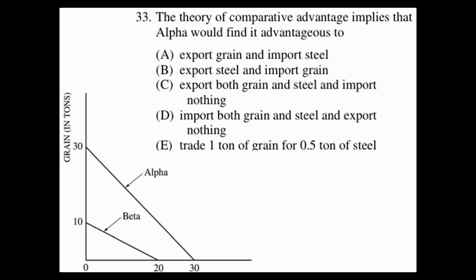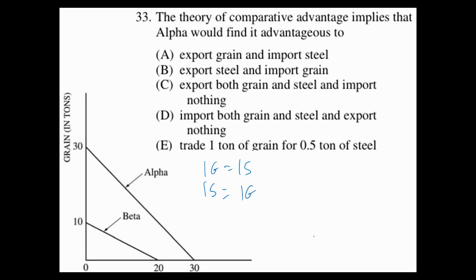Using the same one here, it says the theory of comparative advantage implies that alpha would find it advantageous to. So it's essentially asking you to calculate the comparative advantage to see what alpha should do. We already said for alpha, 1 ton of grain is 1 ton of steel. For one steel, it's 1 ton of grain.